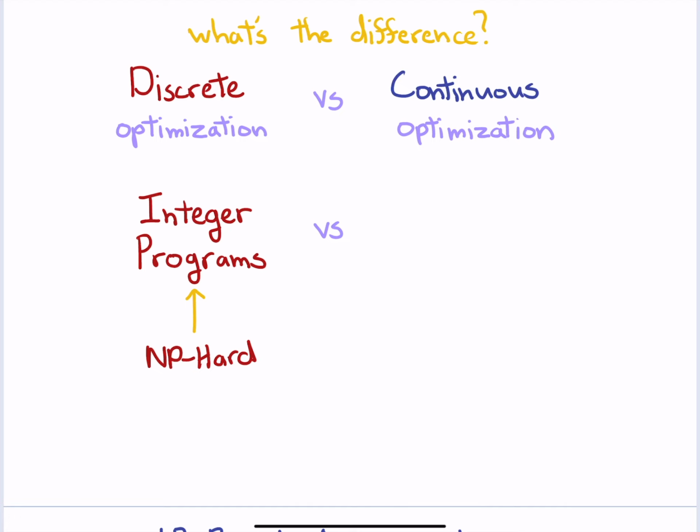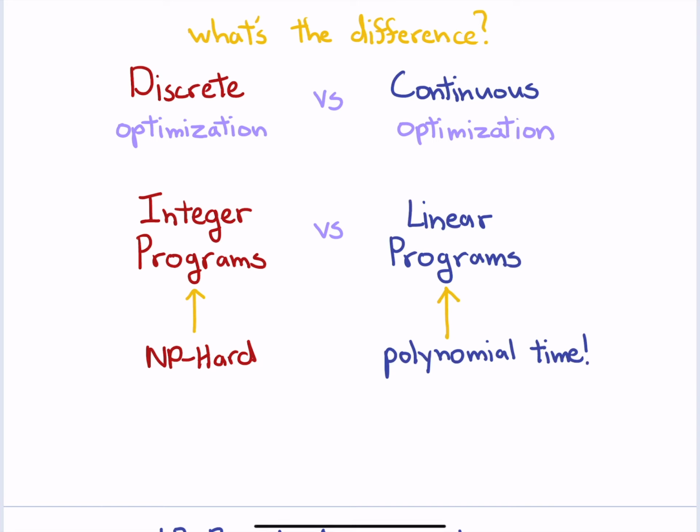Linear programs don't quite often capture exactly what we want, because usually we want black and white, yes or no type answers. Nonetheless, a continuous linear program can be solved in polynomial time. And so the question we're going to explore is whether we can somehow use linear programs to help us solve, or at least approximate solutions to, integer programs.